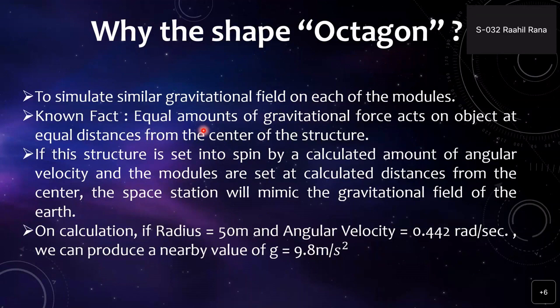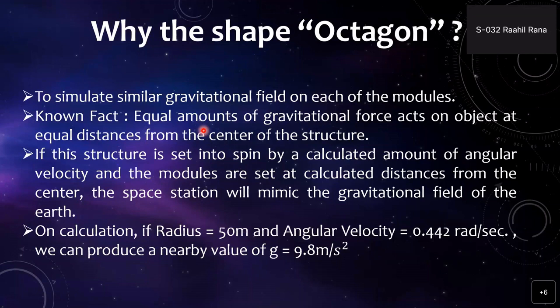And through +1, +2 levels, we know that equal amounts of gravitational force act at equal distances. So using this concept, if we set this structure at a particular angular speed or angular spin, we will be able to get a value approximately equal to 9.8 meters per second square for the acceleration due to gravity.